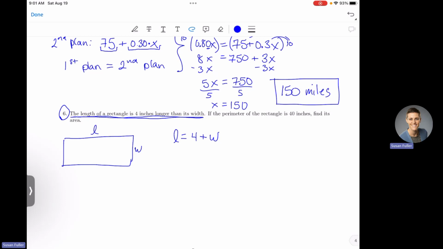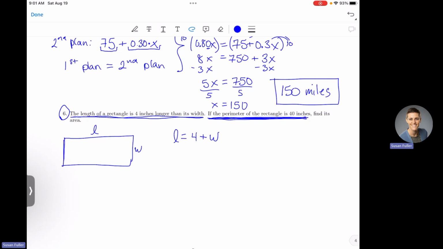And now we need to math this part. The perimeter of the rectangle is 40 inches. Let's try to stick with this L and W to math this. So the perimeter of the rectangle.